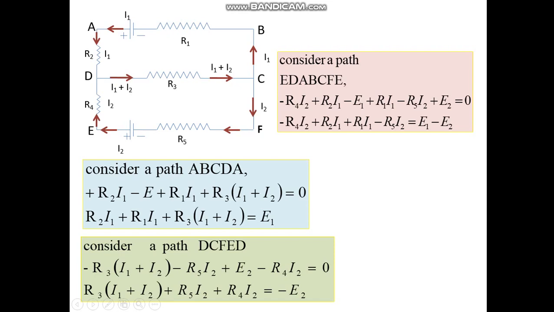Rewriting it, we get minus R4I2 plus R4I1 plus I1 minus R5I2 is equal to E1 minus E2. So if you have two variables, two equations will be enough to get the variables. If we have three variables, we need three equations, provided all three variables are present in the equations.